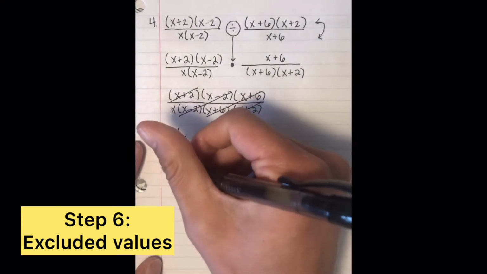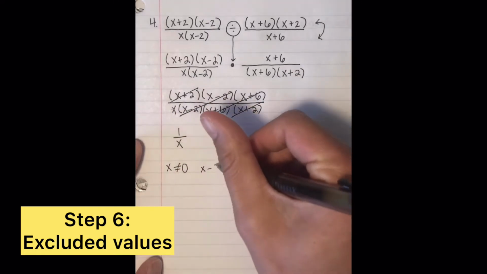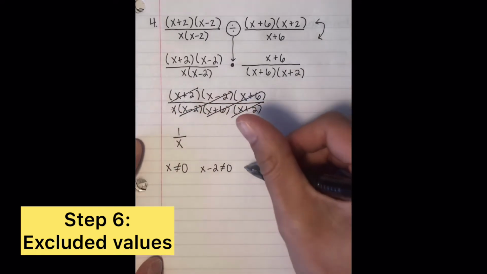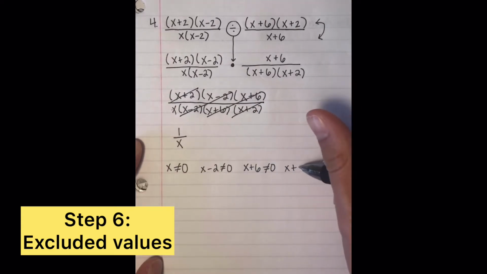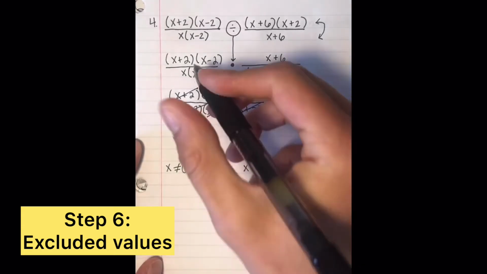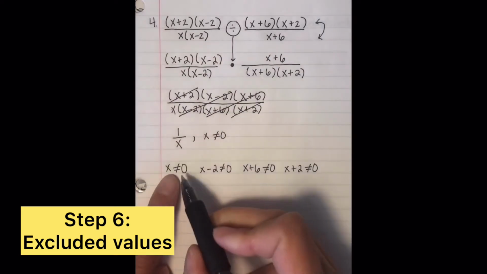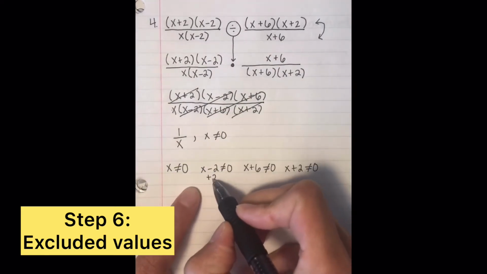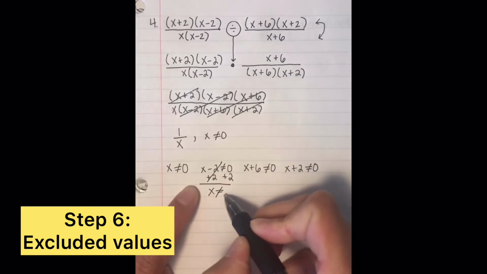So we've got a few pieces. So we've got x cannot be 0, x minus 2 cannot be 0, x plus 6 cannot be 0, and x plus 2 cannot be 0. All right, so this one's already done, so I can just say x can't be 0. This one's done. Plus 2. X cannot be 2.